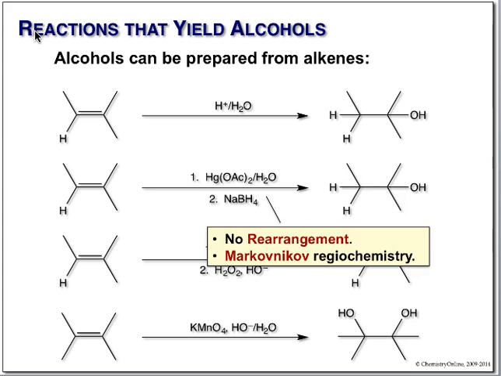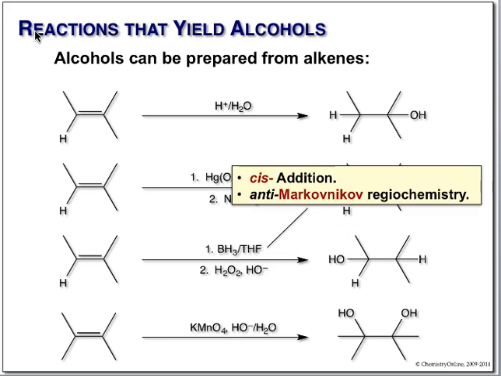A more civilized way, mercuric acetate. No rearrangement, but still Markovnikov. That's from chapter 8. You know those. Again from chapter 8. We can get anti-Markovnikov alcohols from hydroboration oxidation.